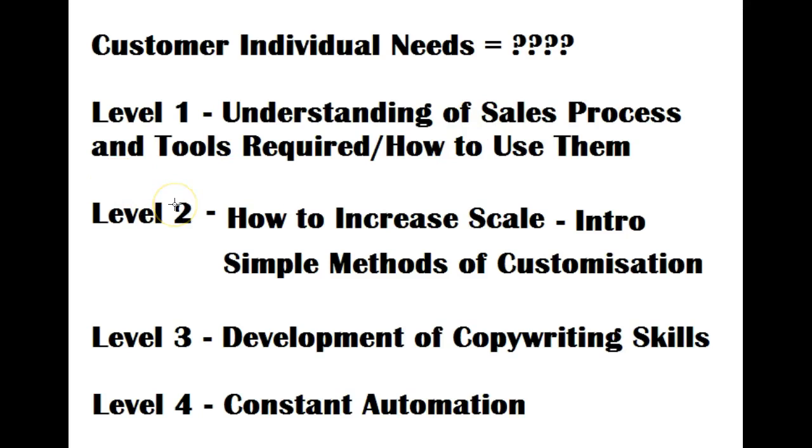Level 2 could be the next age group up, or you could have different levels. For example, somebody with a disability will be on a different level. They will have different individual needs than the general person on your contact list.